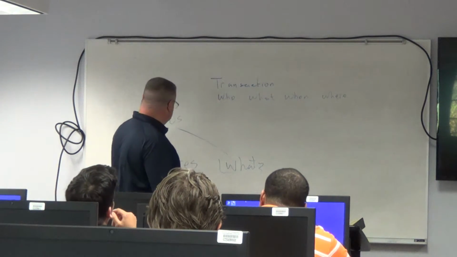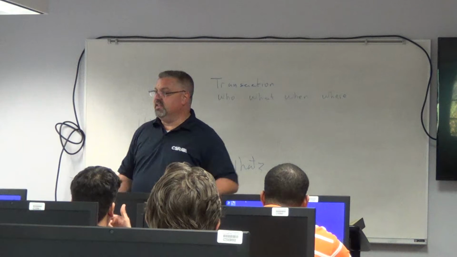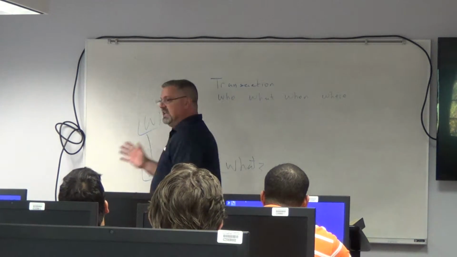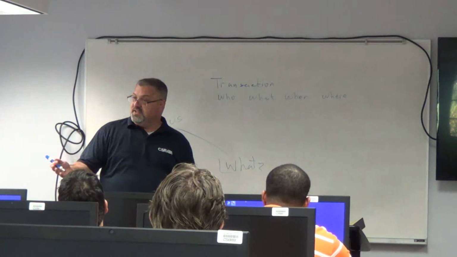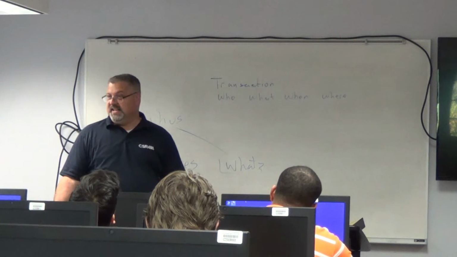At least the who's and the wheres, because I know where my ATMs are. And so whenever a programmer has to deal with it, they've got to deal with all this relational stuff. And if you've done your job with your database, there's database integrity.